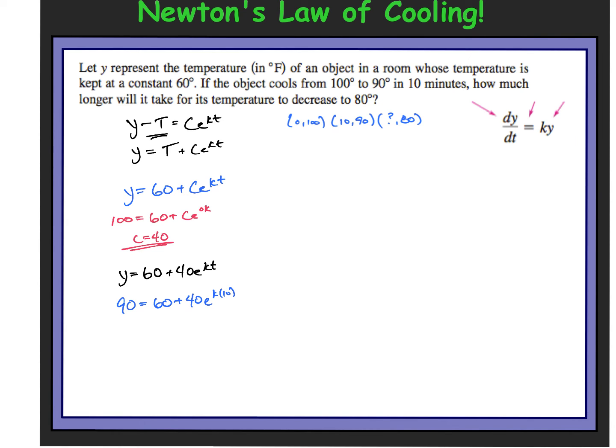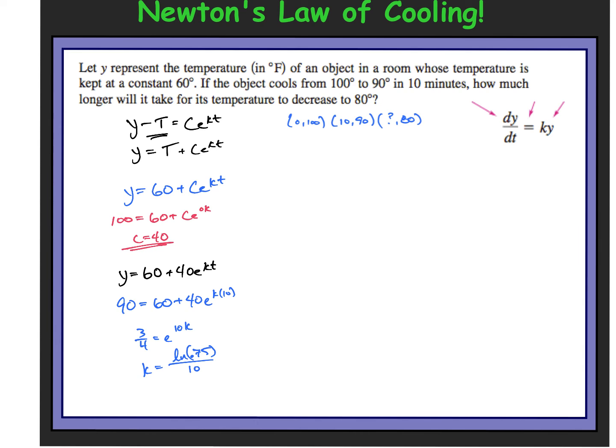All right. So what's my first step? Subtract 60. And then do what? Divide by 40. So what do we have over there? 3/4. So now we have 3/4 is equal to e^(10k). Then what? Natural log, and then what? Divide by 10. So k equals? Natural log 0.75 over 10. Good. All right, I'm cool with that.